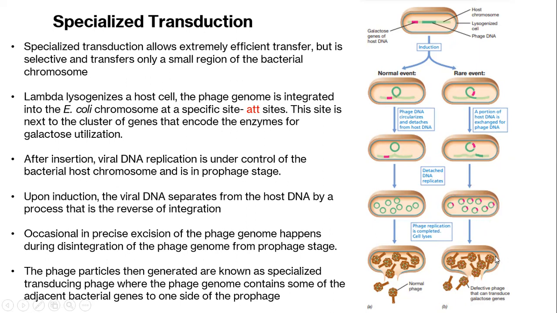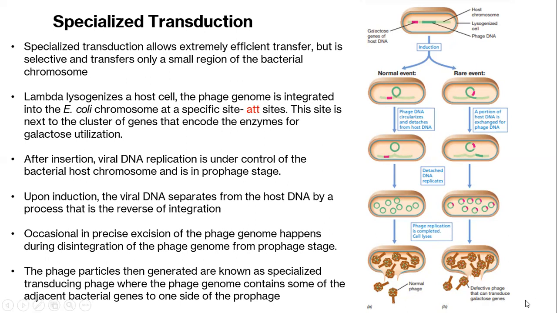Then packaging will happen as normal, and the virus particles generated after packaging are known as specialized transducing particles, because all of them will contain the adjacent portion of the genome that contains the genes for galactose utilization.